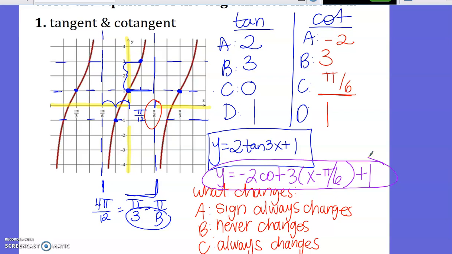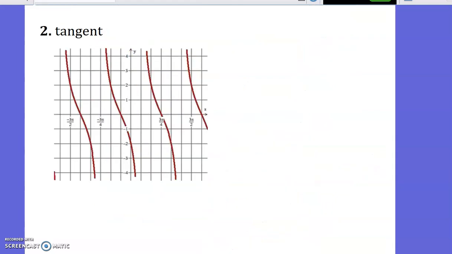Okay, let's try one more. Looking at this graph, we are going to write this just for tangent. I'm going to add my asymptotes in. If I go into the middle, these are 4 units apart, so I know my points have to be right here.